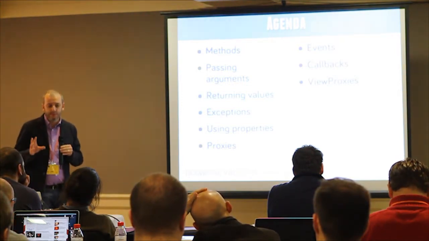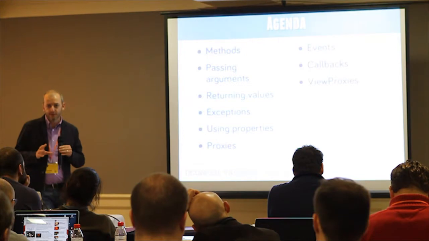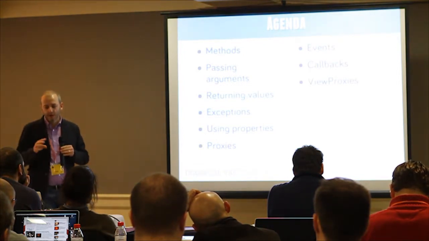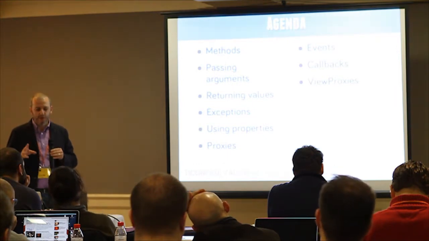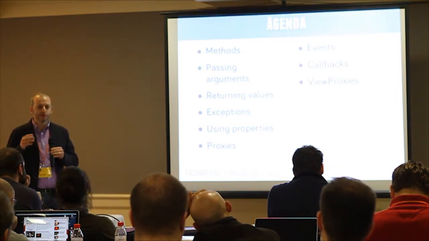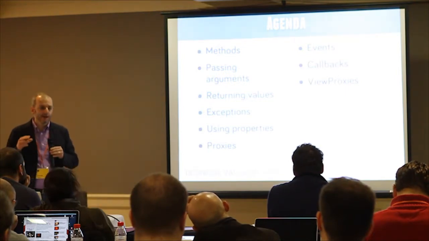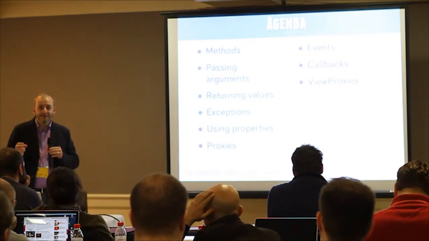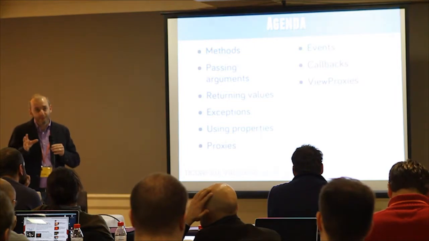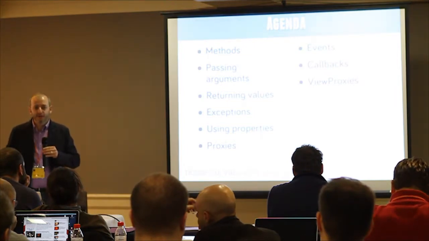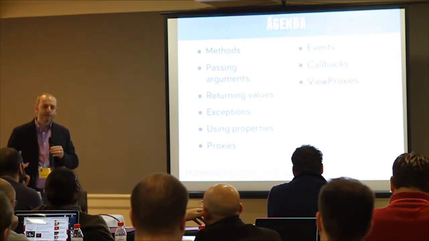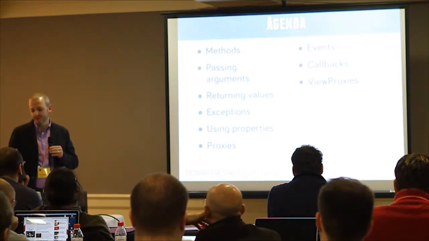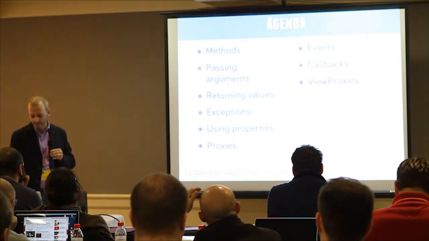So we'll see the methods, how to create methods for modules and proxies, passing arguments to the methods and so on, returning values, how to generate exceptions, for example, for notifying that we passed a wrong argument to a method, using properties. Then we'll see proxies, view proxies, events, and callbacks.